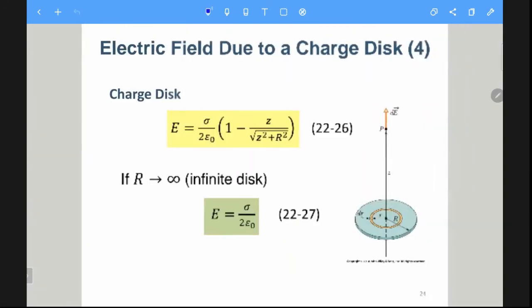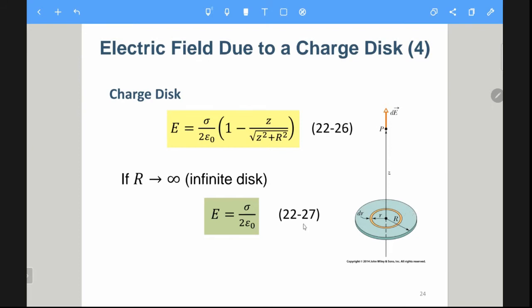And here we also try to apply an assumption. Sorry, this is not far field. Here we assume that the disk is infinitely large, which means R, capital R, tends to infinity.